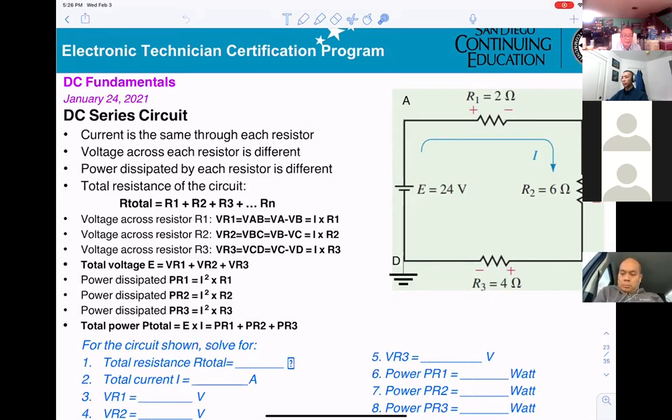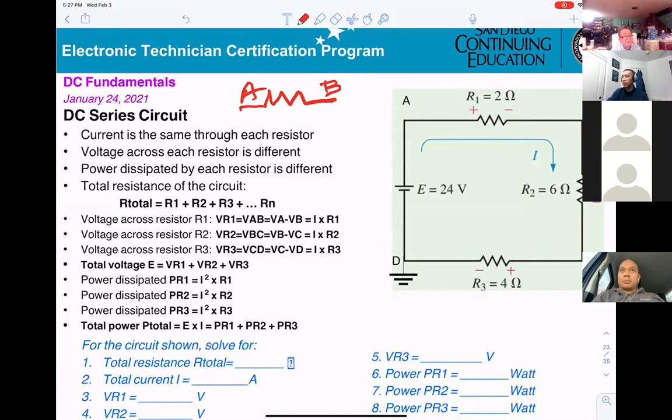And now you can see the current when they go to the resistor. When it's coming in, positive, leaving, negative. Coming in positive, leaving negative, and keep going. So sometimes they can ask you a question: you get a resistor here, A, B. They ask you which side of that resistor will be positive.